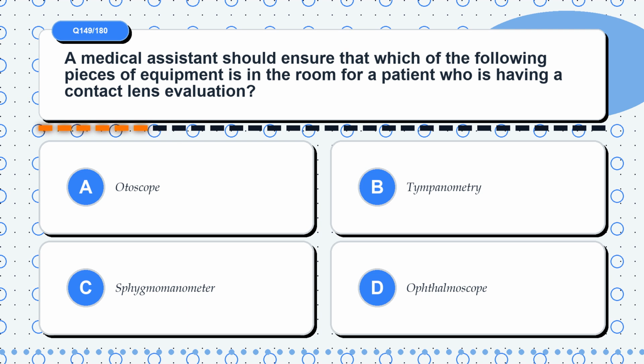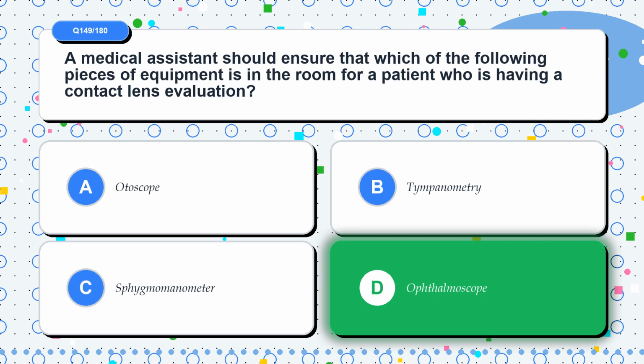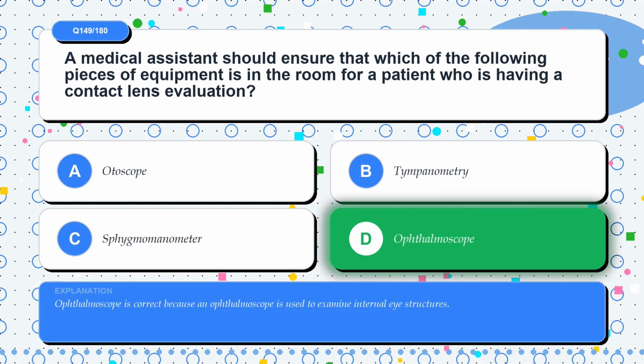Option C, sphygmomanometer. Option D, ophthalmoscope. The correct answer is option D. Ophthalmoscope. Ophthalmoscope is correct because an ophthalmoscope is used to examine internal eye structures.